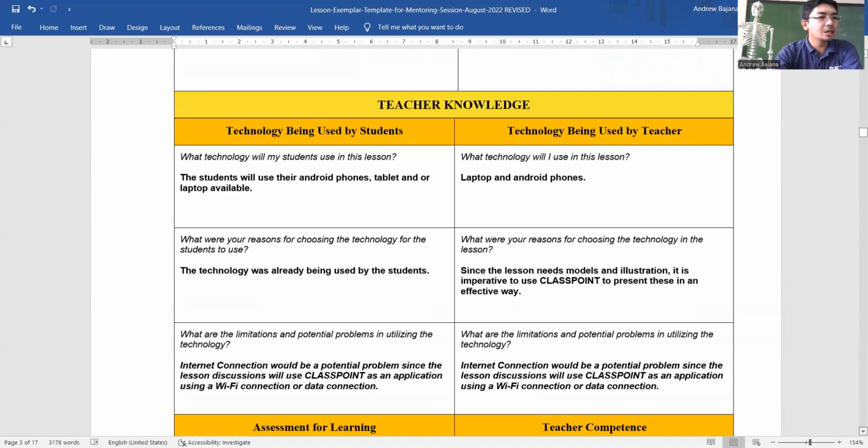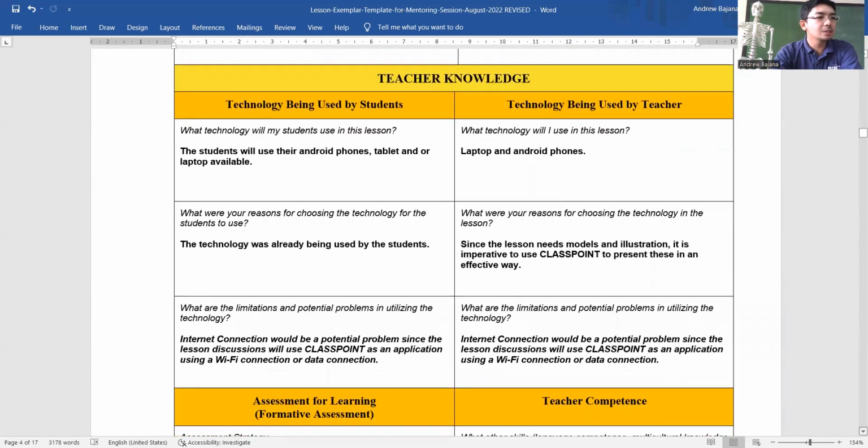Next is the teacher knowledge, technology being used by the students. Students can use Android phones and the LGU tablet provided, and for the teacher, laptop and Android phone. What were your reasons for choosing the technology?